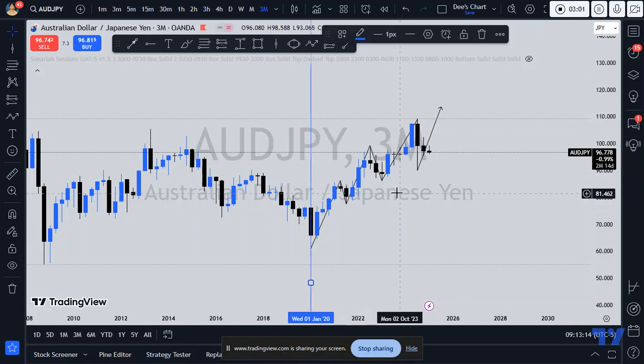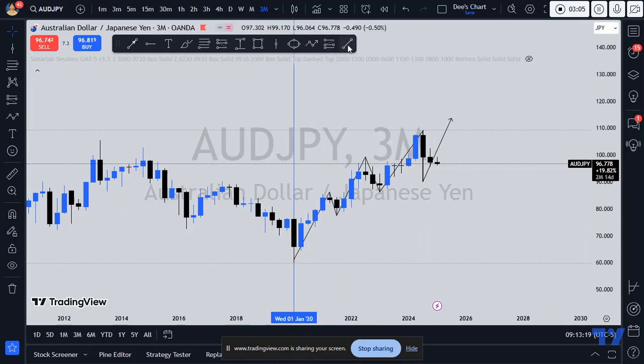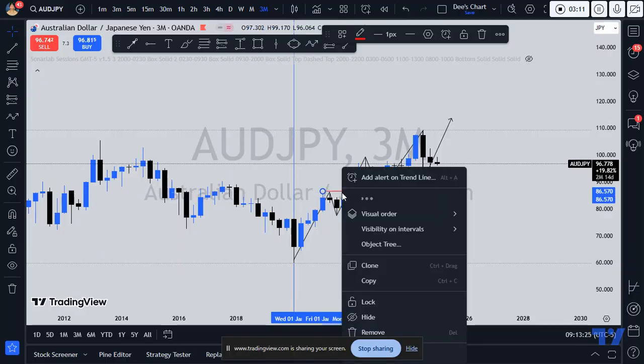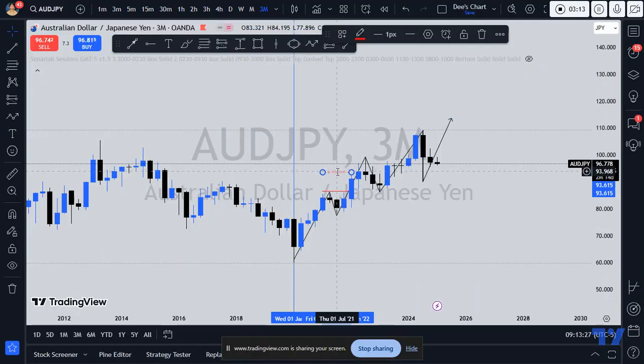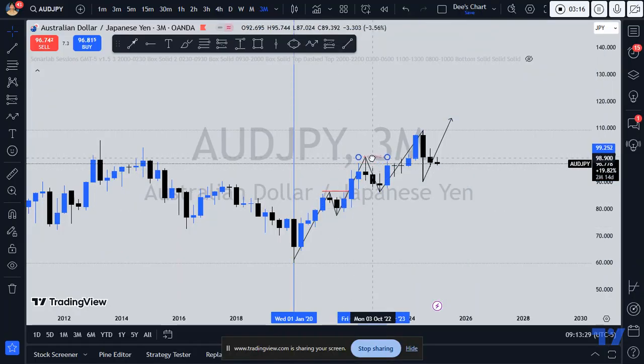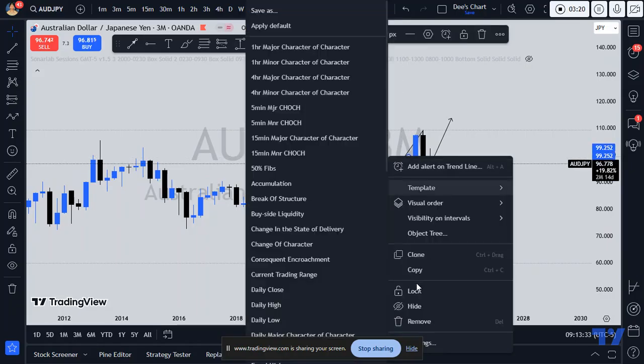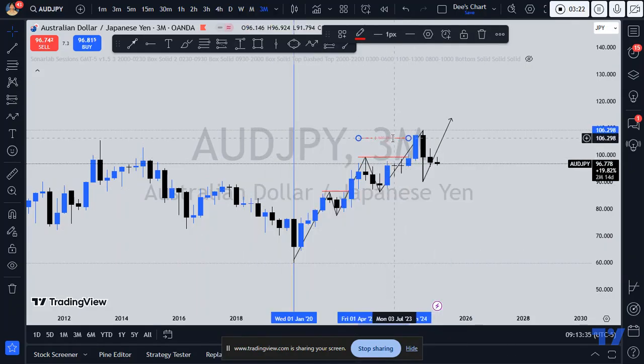This on the right is a buyer's market. The reason why this is a buyer's market is because we are trending higher, creating new highs and breaking into new highs by creating market structure.